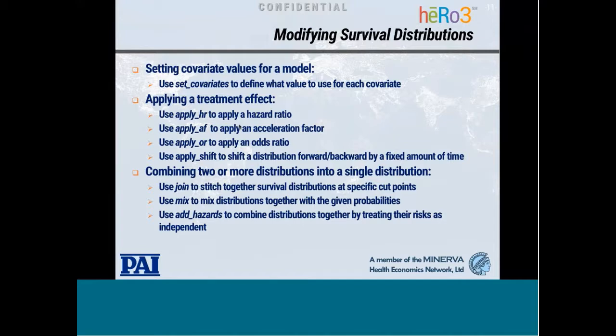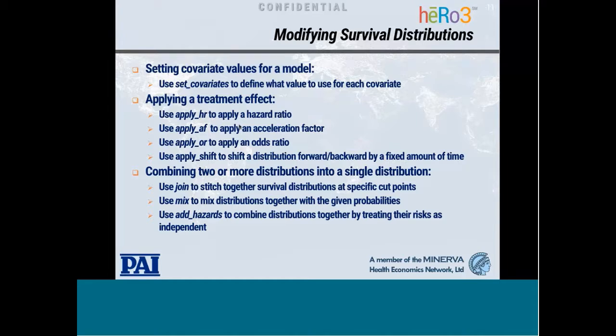So one case is for setting the covariates for a model. And what I mean by that is, say that you've estimated either a Kaplan-Meier or one of those parametric models, and it has a covariate for treatment. And so once you've estimated that model, you get a single model which actually reflects survival for multiple separate groups of patients. And so in order to use that model, you need to specify which groups of patients you want to generate the predictions for.